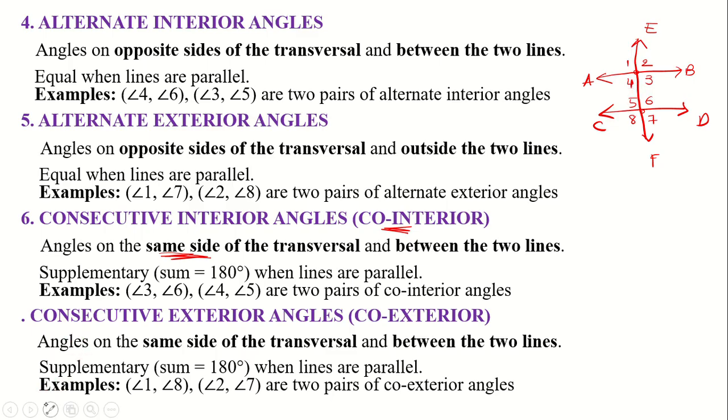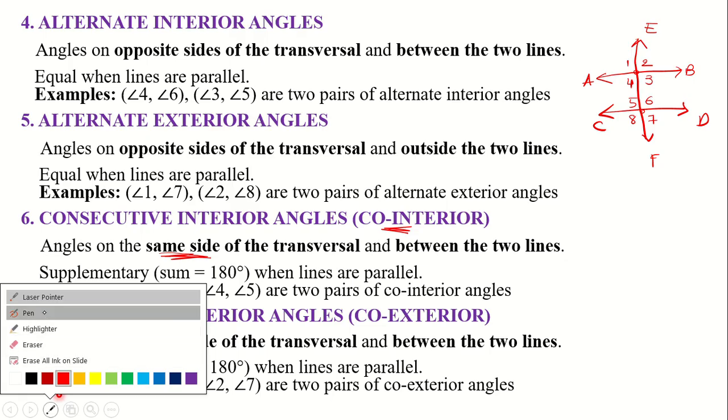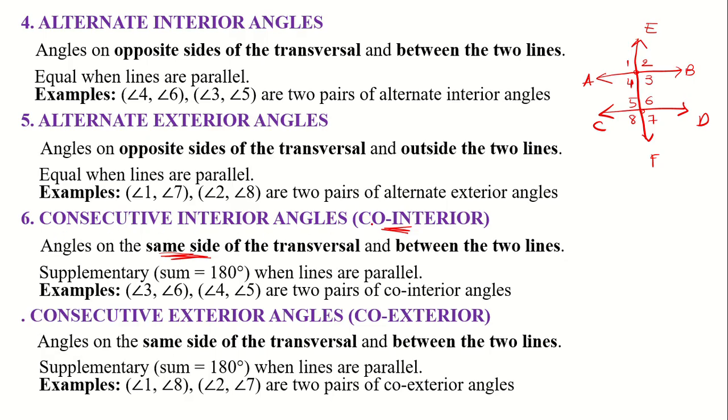Similarly, we have co-exterior angles. So what are co-exterior angles? Co-exterior angles are those angles that lie on the same side of the transversal and they are outside the two lines.